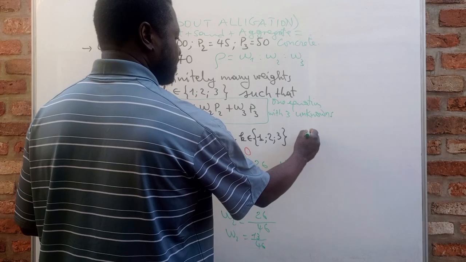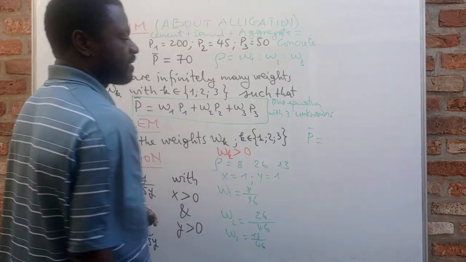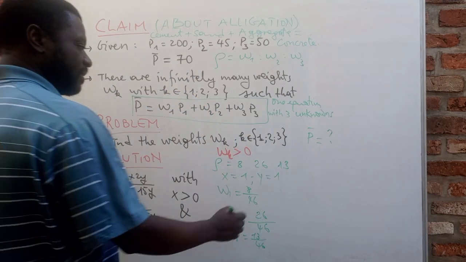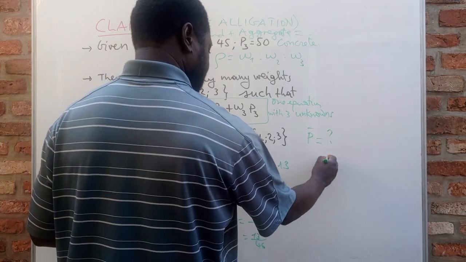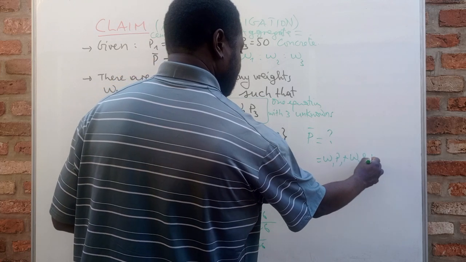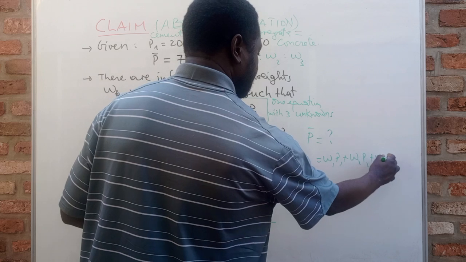Now we calculate the mean value and check if it is equal to 70. It is going to be equal to omega 1 P1 plus omega 2 P2 plus omega 3 P3.